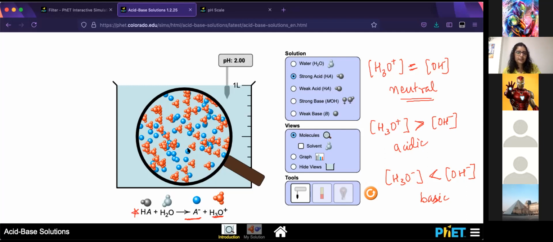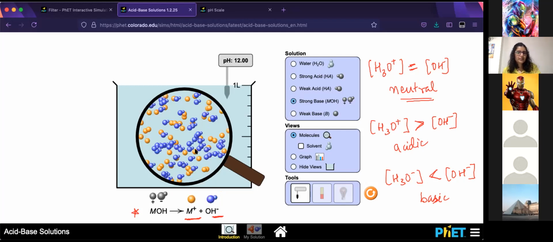You have only the negative ions and all the H plus ions have attached themselves to water. Okay. And in the case of a base, you barely see any H plus ions. OH minus ions are the ones dominating because the OH minus is being contributed by the base itself.